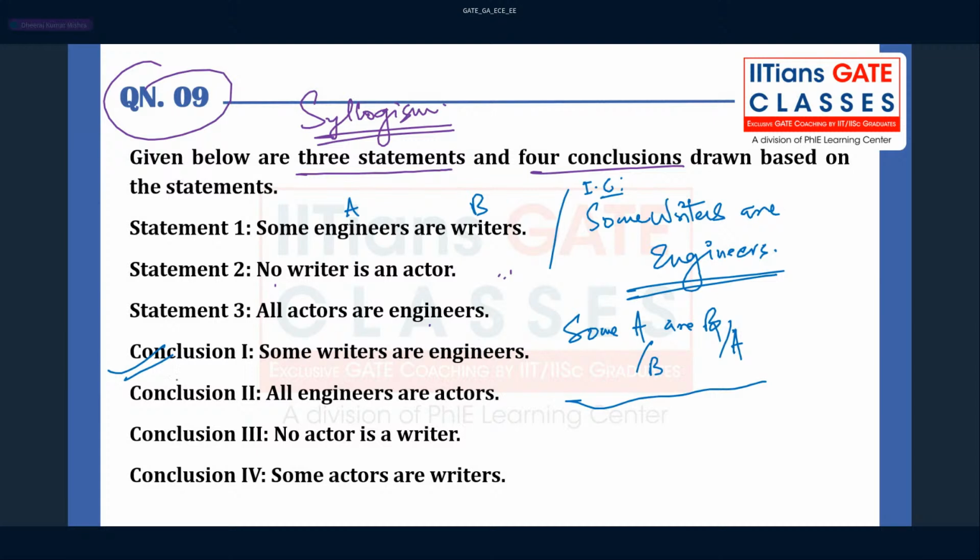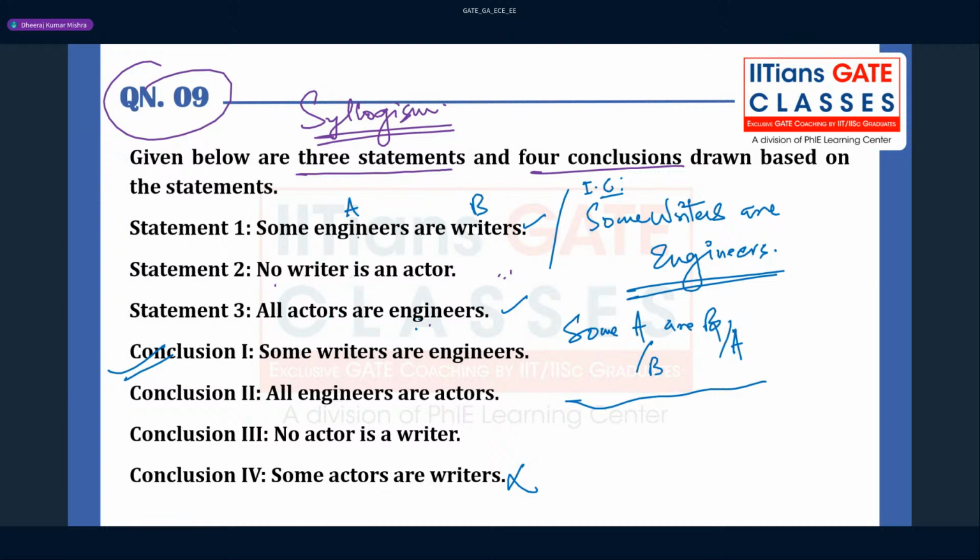Now, no writer is an actor, all actors are engineers, right? If you combine these, you can't get that some actors are writers. Some actors are writers is a wrong statement, because if you combine statement 1 and statement 3, you will not get any conclusion.